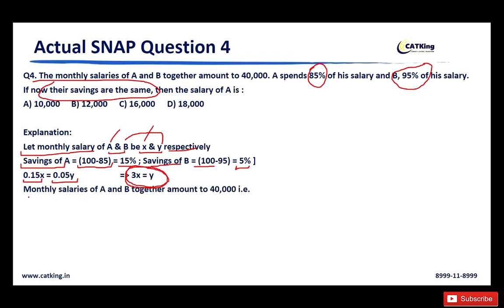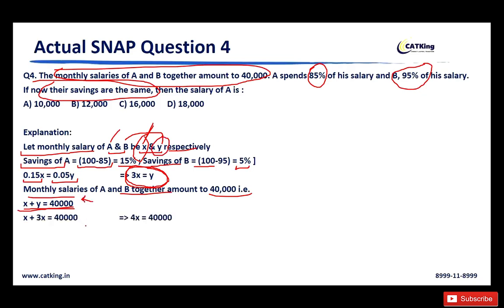Now I know that monthly salaries of A and B together amounts to 40,000. That is x plus y is equals to 40,000. That is monthly salary of A x, monthly salary of B, that is y. So x plus y is equals to 40,000. Now substituting the value of y is equals to 3x over here, I get x plus 3x is equals to 40,000.